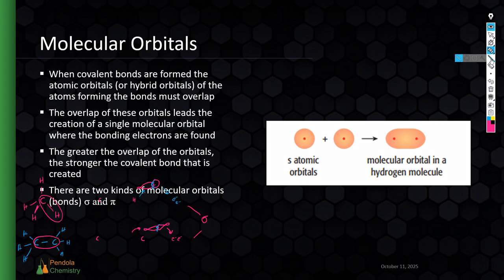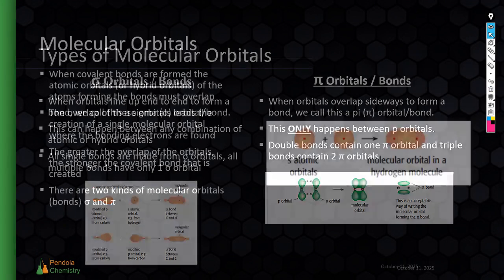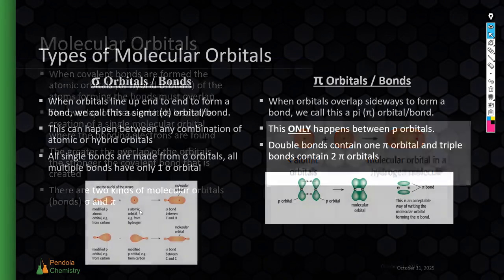So be very careful when you're asked about these on the AS exam, which you will be, asked to draw them, whether they're asking you to draw the molecular orbital created between a hybrid and an s orbital, which will look like this, the molecular orbital created between two hybrid orbitals, which will look like this, or the molecular orbital created between two s orbitals overlapping end to end, which will look like this.